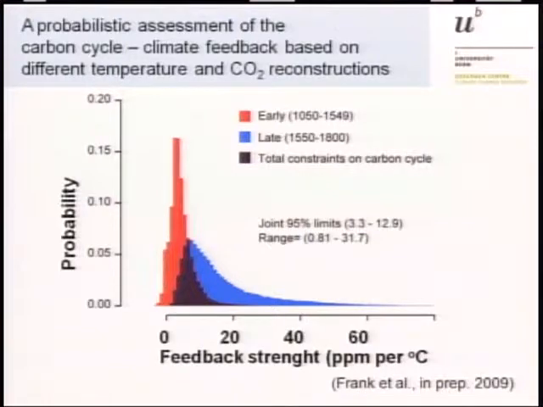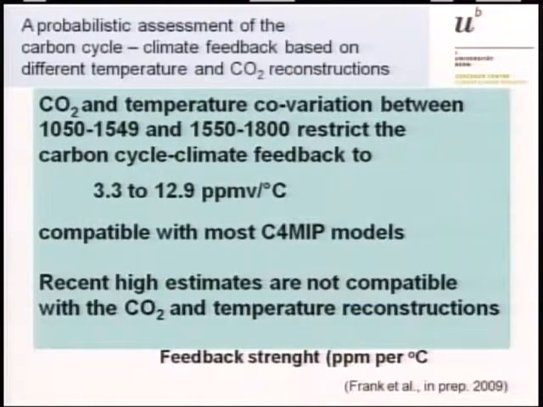The blue colors are for all the estimates taken from the second half of the millennium, where there are some possibilities for very high feedbacks implied in the records, as for example estimated by Cox and Jones. But as these feedbacks need to be the same during both periods, we may look at the combined probability density function and see that the mean feedback is somewhere between 3 and 14 ppm per degree warming.